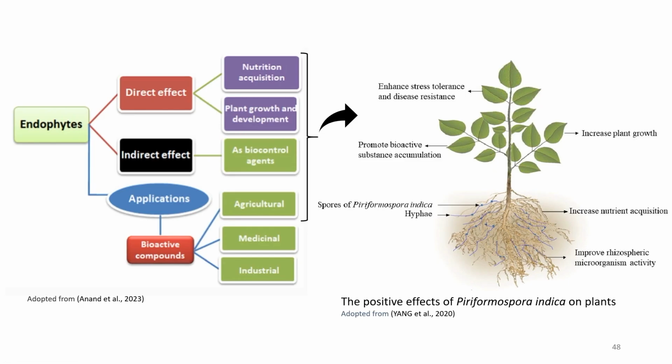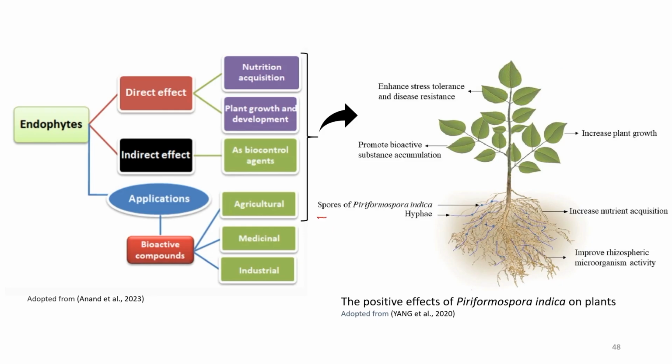And from the application point of view, they release bioactive compounds which can be important in agriculture, and can be of medicinal value as well as in certain other industrial applications. So, overall the endophytes directly and indirectly help in enhancing stress tolerance and disease resistance in plants. Then they promote bioactive substance accumulation and increase plant growth.